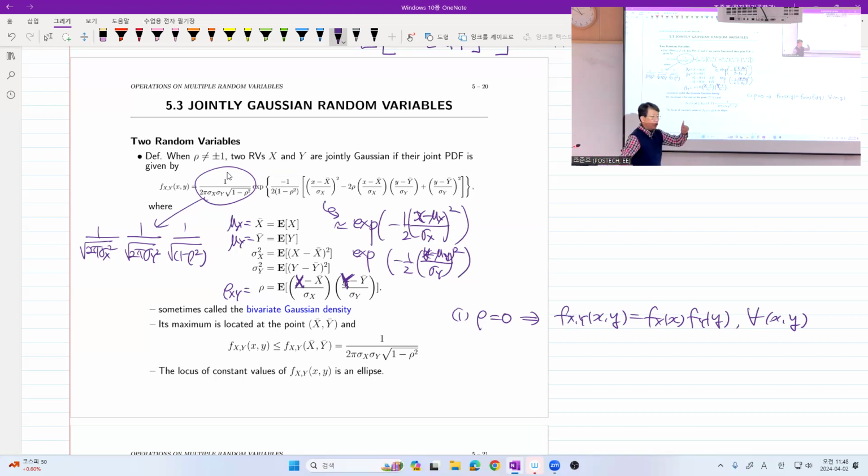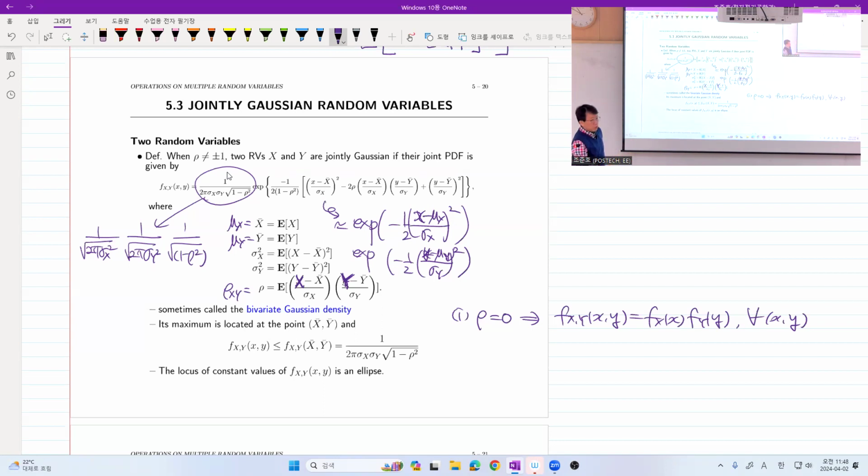So in one dimension, the PDF of Gaussian looks like a bell curve. And you have the same thing. So in the two-dimensional space, you have the joint density that again has something like a bell curve. The difference is that its level sets, in Korean 등고선, look like ellipses, 타원. That's the difference. So if rho equals 0, the level sets are concentric circles.